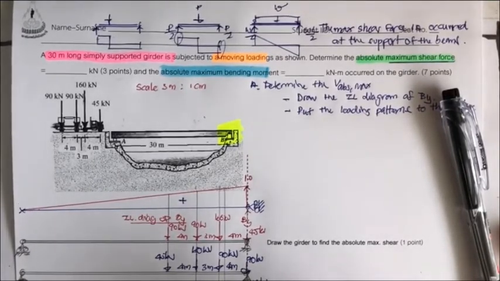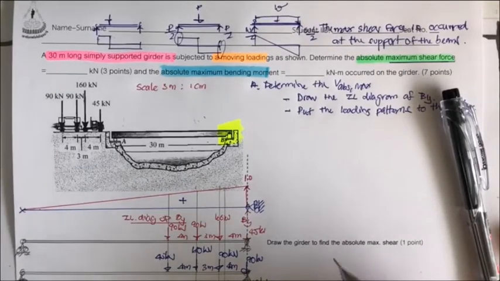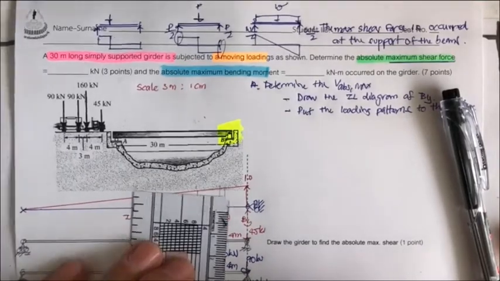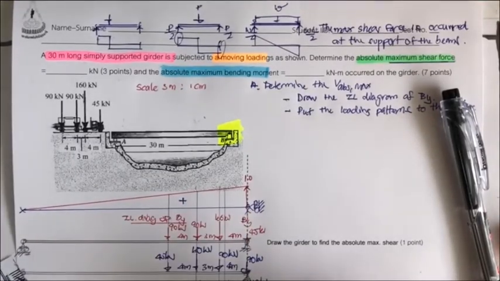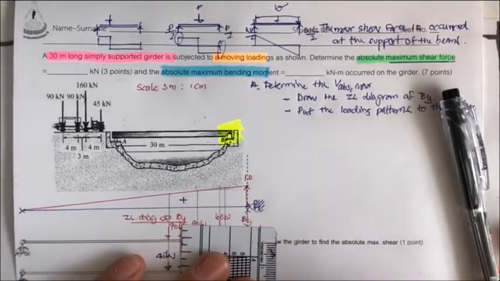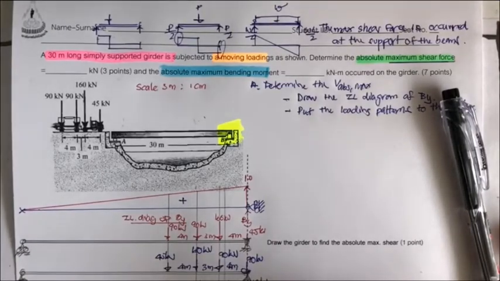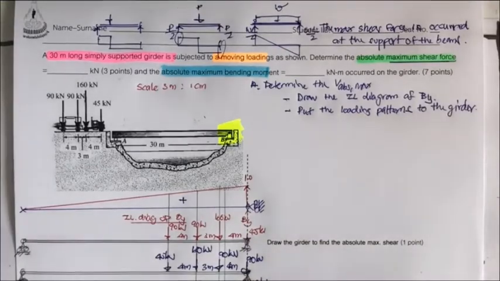By doing this, we consider 4 cases. This one, the 90 is going to move. This 90 is going to be here, just put this one as the 90 kilonewton, and this 4 meter, just take away from here. And that is going to be 90 kilonewton. Let's move out this way.